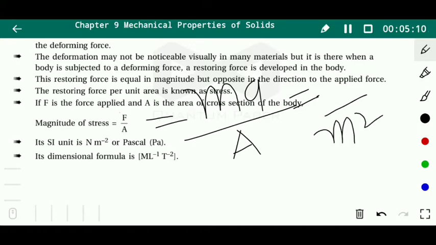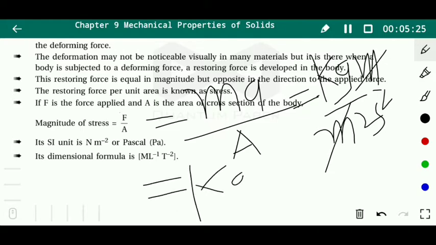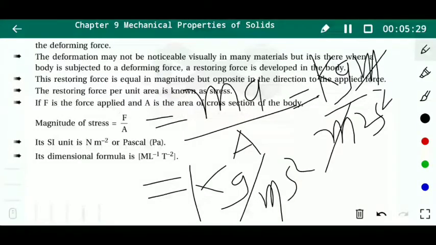Mass is measured in kilogram, and acceleration is measured in meter per second square, so second square goes in the denominator. Here one meter cancels out. So clearly we can write kg divided by meter into second square. So we write M1 L raised to minus 1 and T raised to minus 2, because length and time are in the denominator.